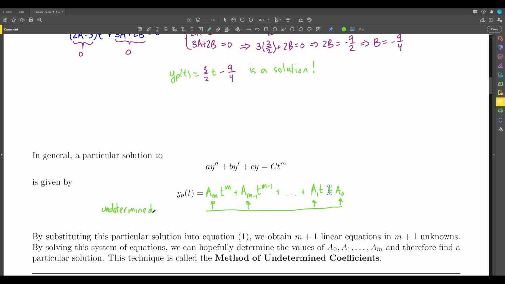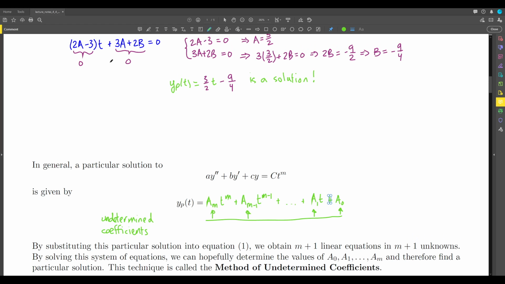We don't know ahead of time what they are, so we have to determine them by plugging this particular solution into the differential equation and then setting all the coefficients equal to 0, like we did over here.